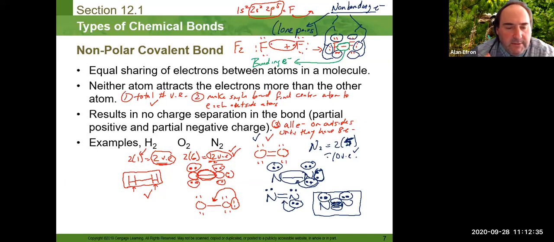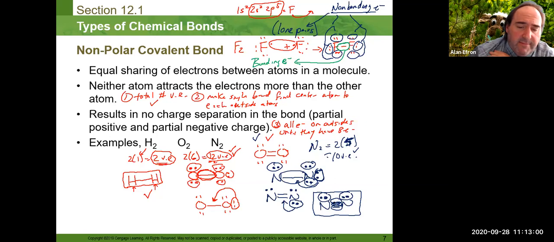Okay. So that was a little preview of the steps to draw some of these things. Let's continue on. When basically those electrons are going to be shared equally, that is what is referred to as a nonpolar bond. In some cases, people will refer to it as a pure covalent bond, and that's a bond with perfect 100% equal sharing of electrons.